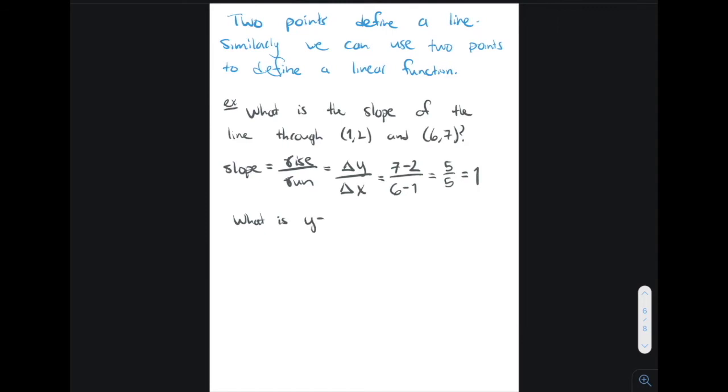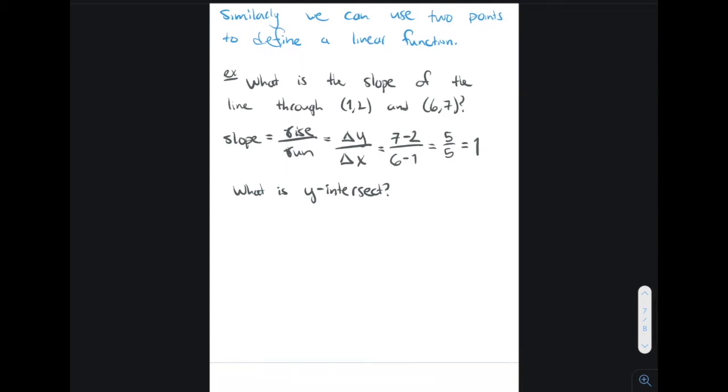Let's find what the y-intercept is. Again, to do this, we might want to remember that the formula for a linear equation is y equals mx plus b. We know that m equals 1, and let's just use one of the points that we know our line goes through. Let's use the point 1, 2.